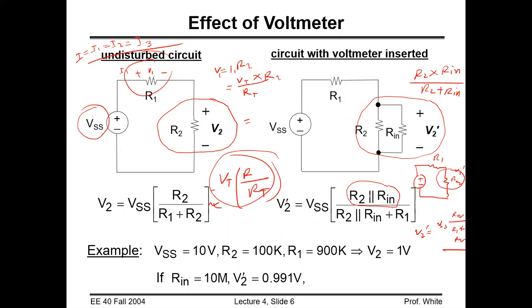This double sign is called parallel, so R2 parallel Rn gives the R equivalent. Then also R1 plus R equivalent. So our formula is the same: VSS into R equivalent by R equivalent plus R1. This is very simple.